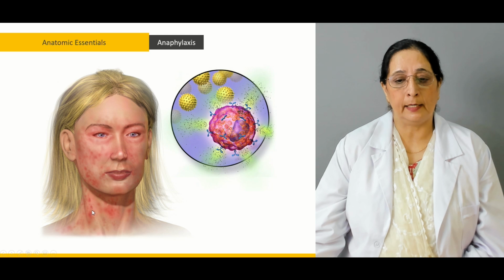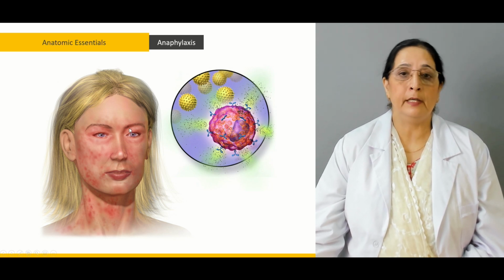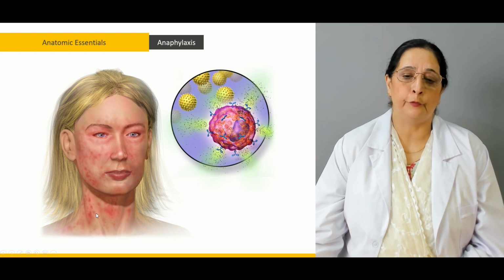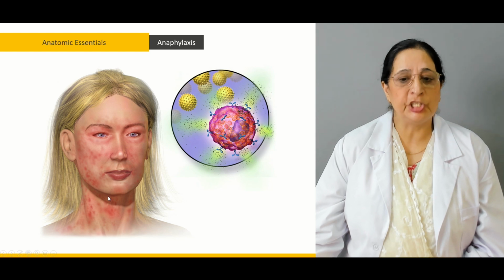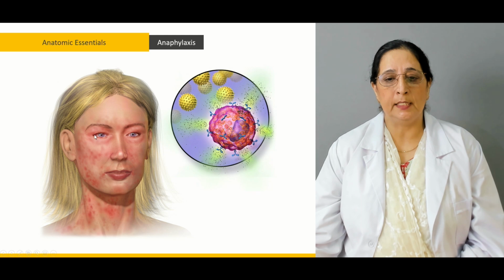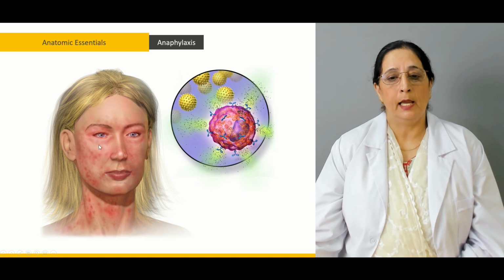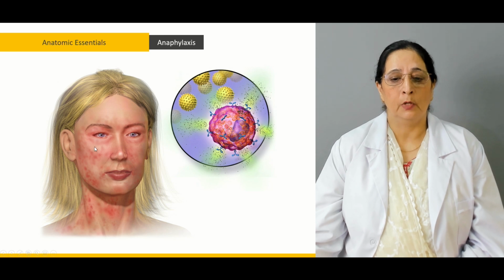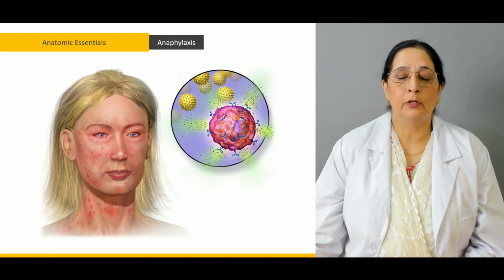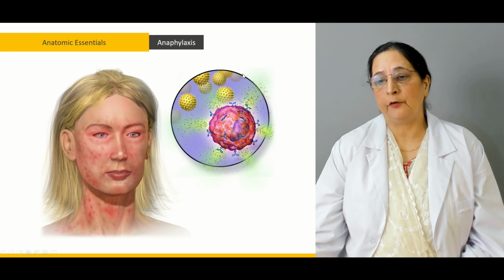These hives and urticaria are very pruritic, very itchy, and very disturbing. You can see the redness of the eyes. There is swelling around the eyes also. All these are very characteristic features of anaphylaxis or anaphylactic reaction.